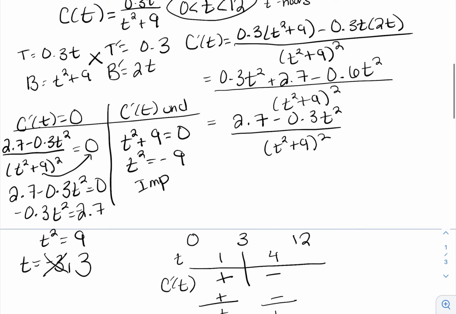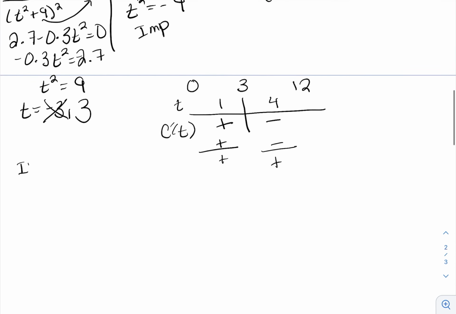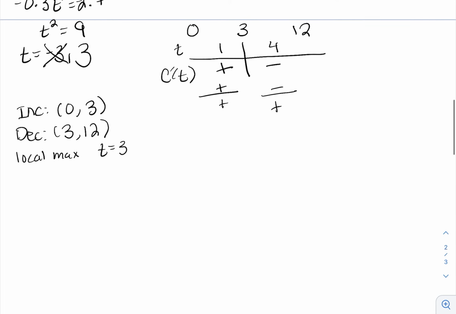So let's look at what it was asking me: increase, decrease, local extrema. So I am increasing from 0 to 3. I'm decreasing from 3 to 12. And that means that I have a local max at t equals 3. But you need to find the concentration, so you need to do C of 3.